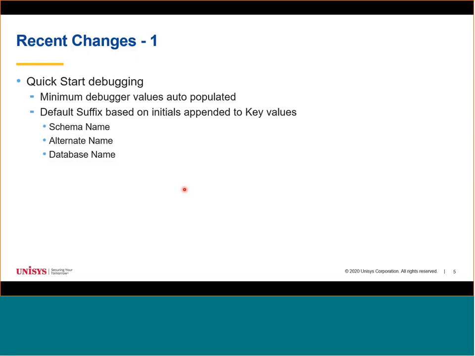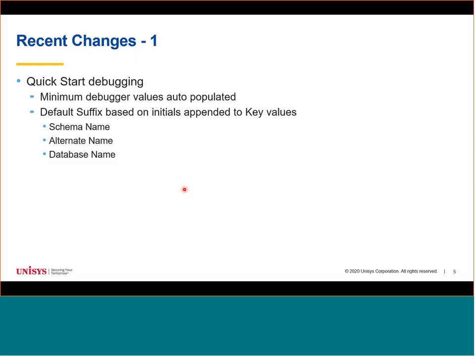Schema is essentially the owner of the tables. Debugger runs against, or creates, a debugger database that exists within SQL Server, and schema name is the user ID that owns those tables. Alternate name is effectively your AB Suite system name.